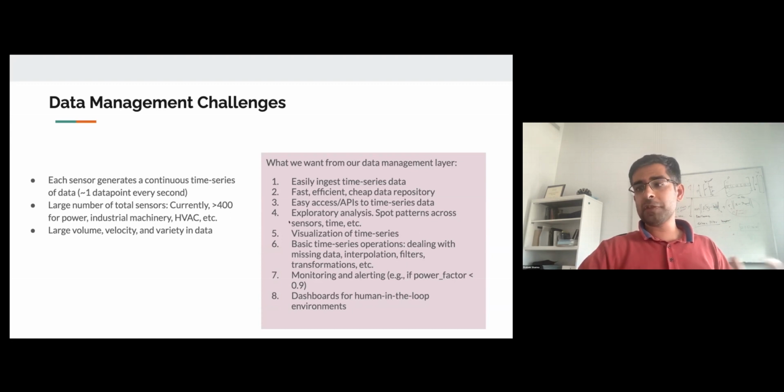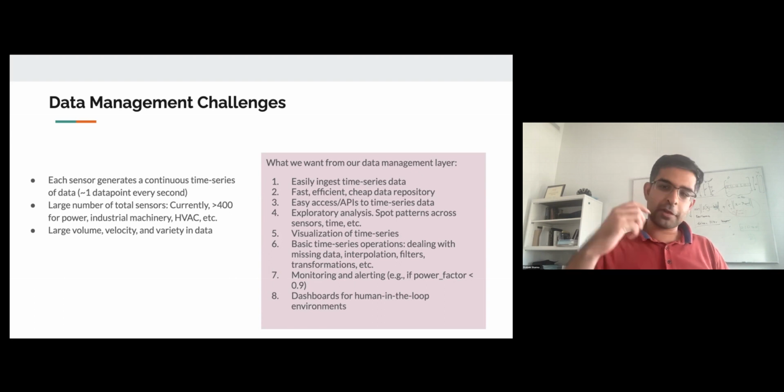Once this data is stored in this data management layer, we want to be able to do some time series specific operations on this. So we want ideally to be able to do some quick exploratory analysis and spot some simple patterns in this large amount of time series data that we have.